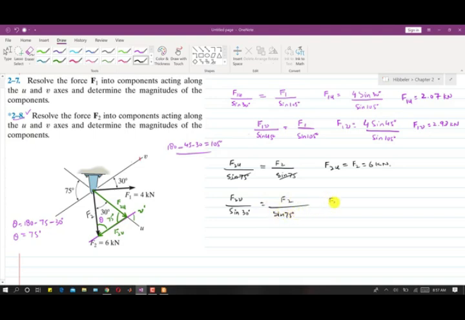So F2v is equal to F2, which is 6 kilonewton, times sine of 30 degrees divided by sine of 75 degrees. If I solve this, we will get the F2v magnitude. This comes out to be 3.11 kilonewton, right? So these are the two components of F2 along u and v oblique axes. This is the solution of these two problems.